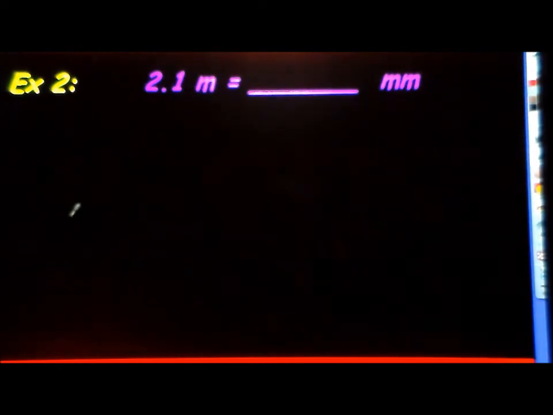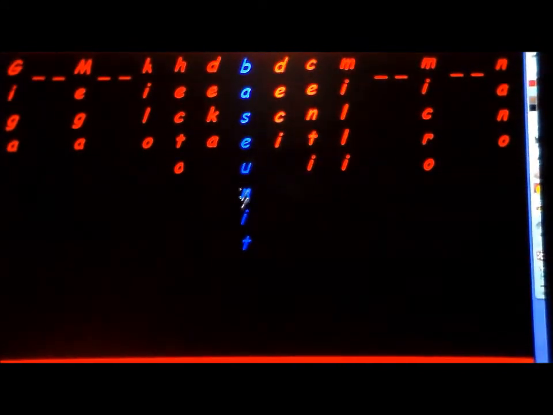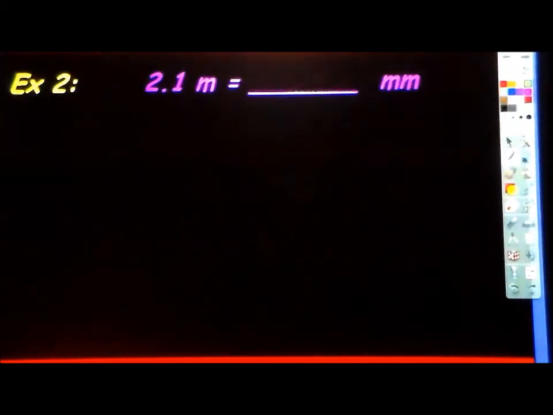All right, let's try another example. This time we're going from meters to millimeters. So let's go back and look at the chart. Meters is going to be here where the blue base unit is, and we need to go to millimeters, so that's 3 places. So we're going to have a 10 cubed in our equivalence.